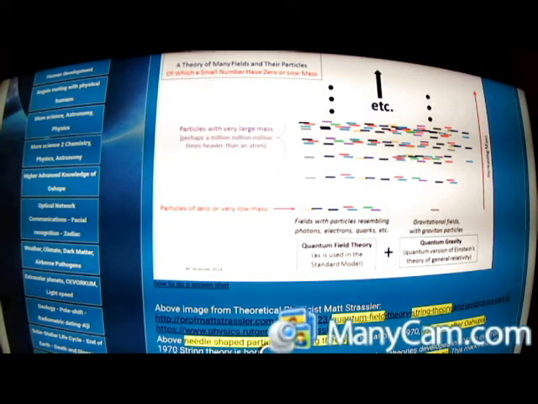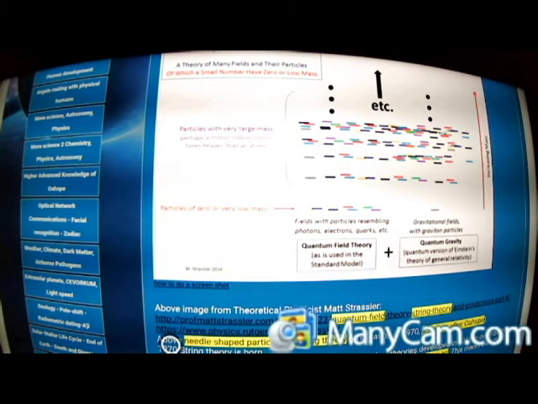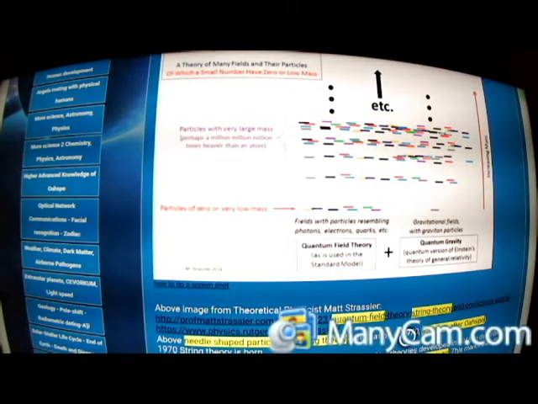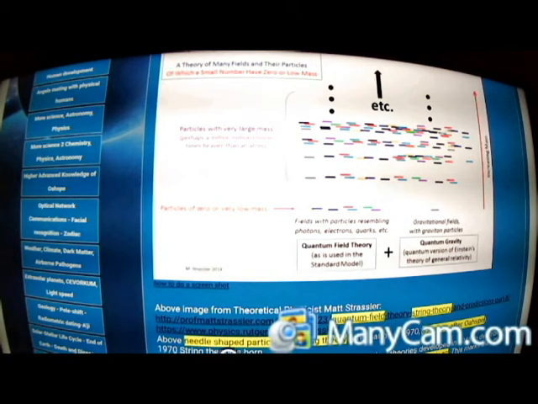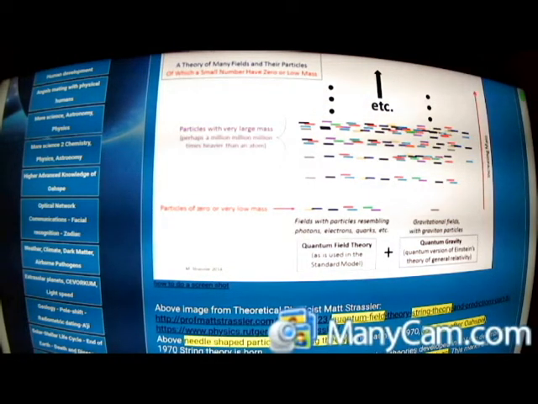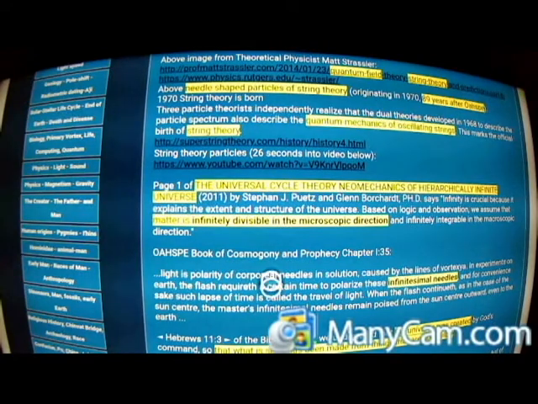But below that, I wrote above needle-shaped particles of string theory, originating in 1970, 89 years after Oahspe. 1970, string theory is born. Three particle physicists independently realize that the dual theories developed in 1968 to describe the particle spectrum also describe the quantum mechanics of oscillating strings.